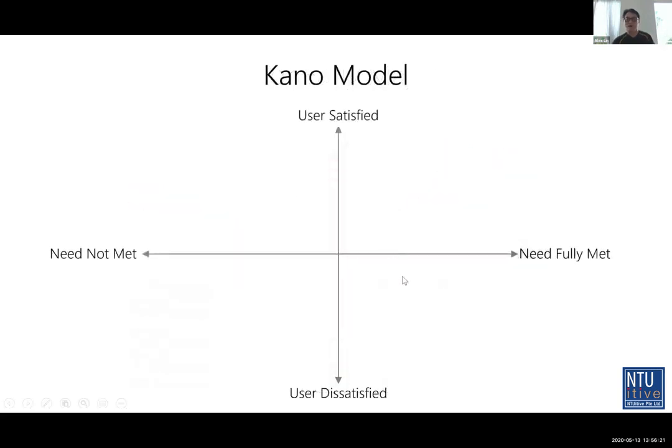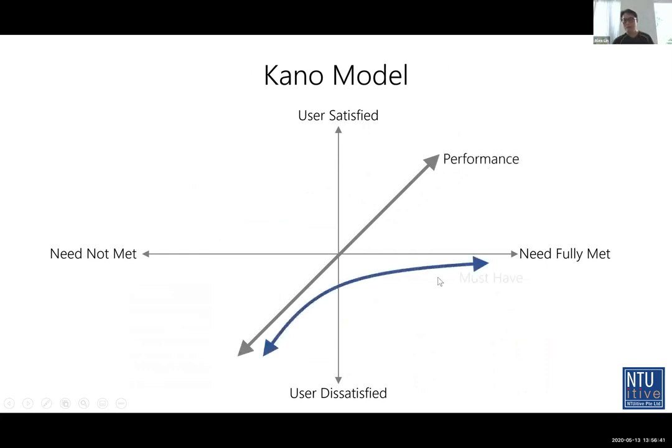So I will skip this kind of model, but I will very quickly mention that user satisfaction and user need are usually orthogonal. The performance usually moves along this line. A mediocre product is where people usually approach the need, a must-have, and users are not very satisfied with it.